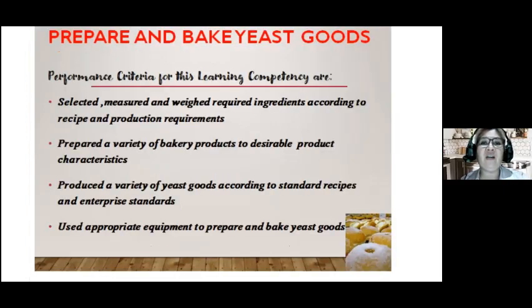Our performance criteria is based on our learning competency, and those are: selected, measured, and weighed required ingredients according to recipe and production requirements; prepared a variety of bakery products to desirable product characteristics; produce a variety of foods or yeast foods according to standardized recipes and enterprise standards; used appropriate equipment to prepare and bake these foods.